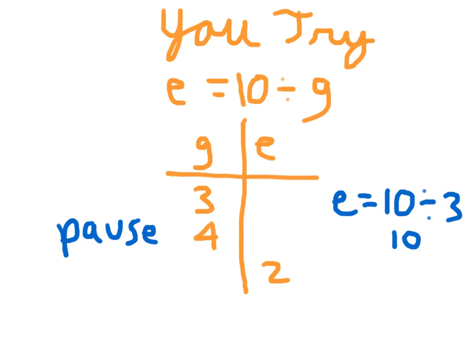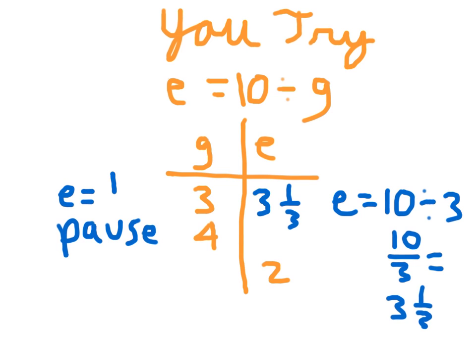That's 10 thirds. 10 thirds equals 3 1/3. When g is 3, e is equal to 3 1/3.